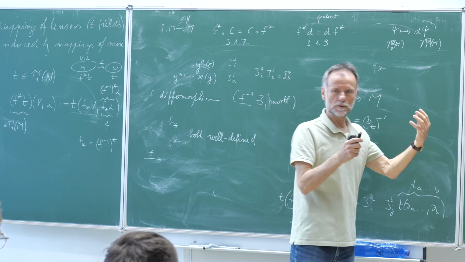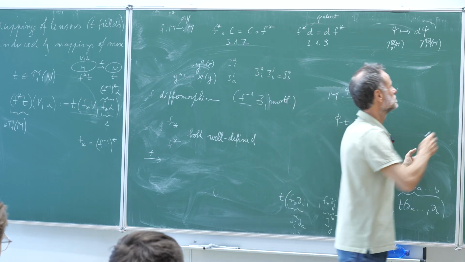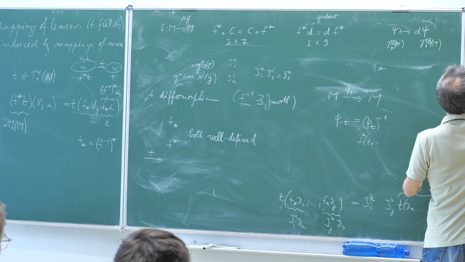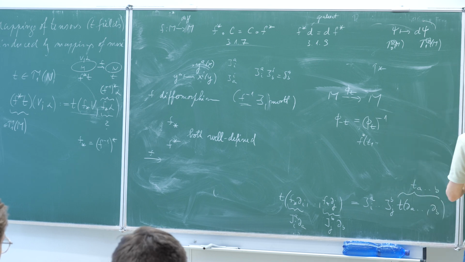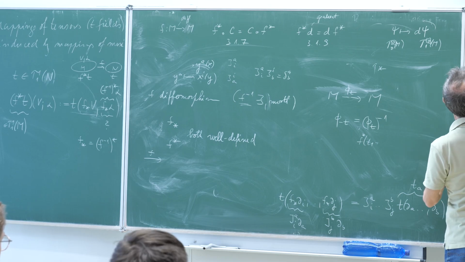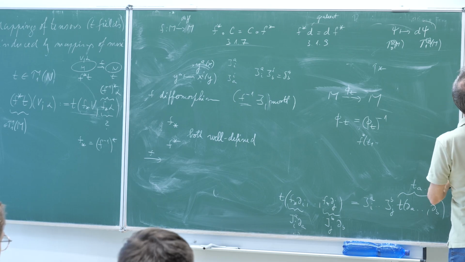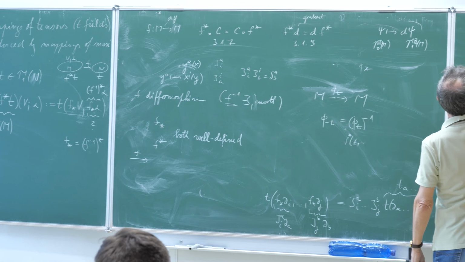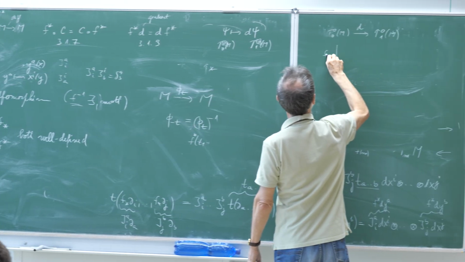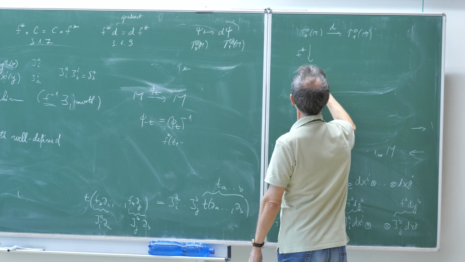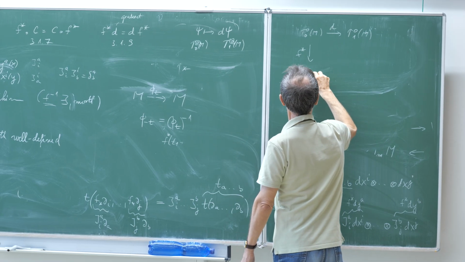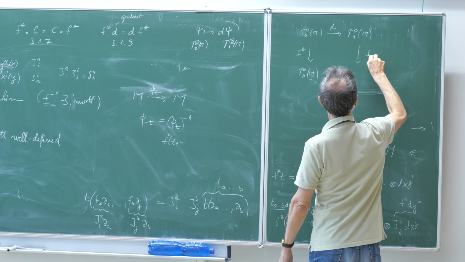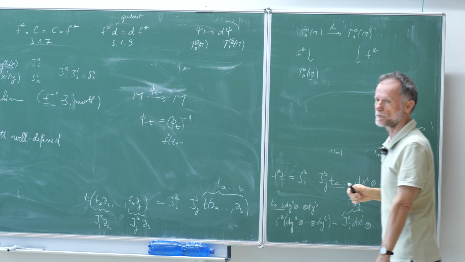So you can draw a commutative diagram. Well, Fm and T0, 1, M, or 0, 0. Here goes D. Now, here goes F star. And here also F star, pullback.